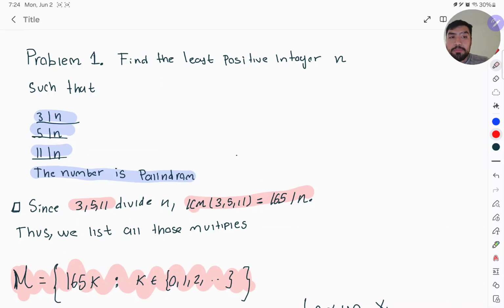But there is a principal problem: the set M is not finite, so we must bound the set of possibilities for n in order to solve this problem and find the list of all those numbers.